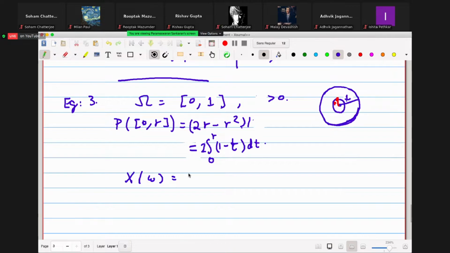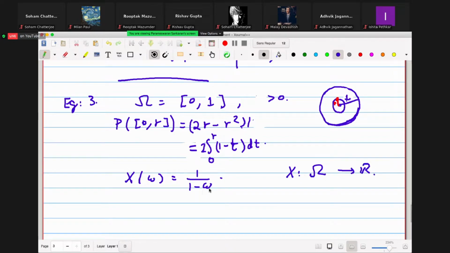Okay, this is, let us say, I can just write whatever I like: 1 by 1 minus omega. So x is from omega to real numbers.